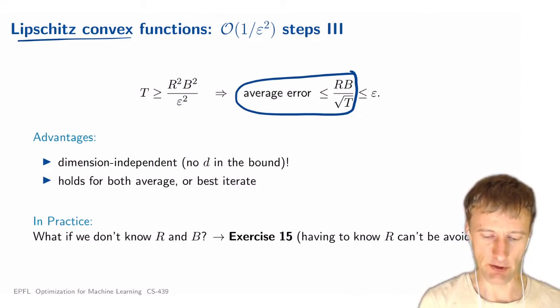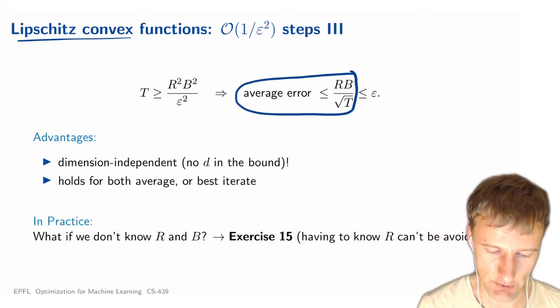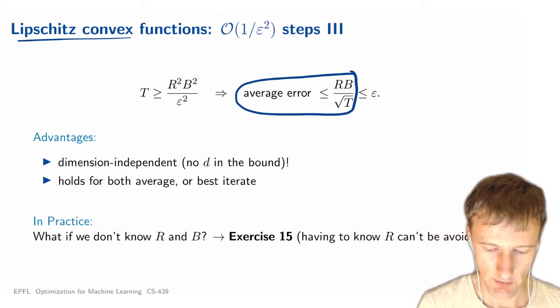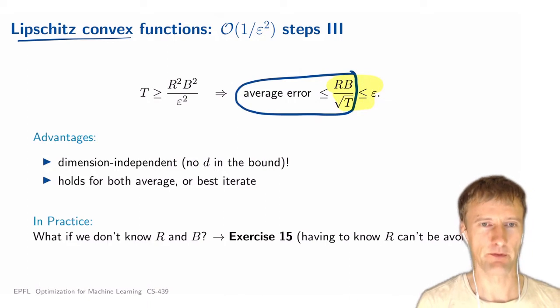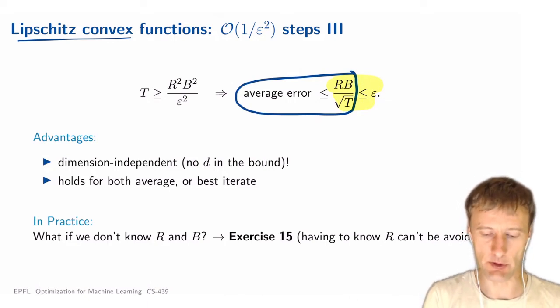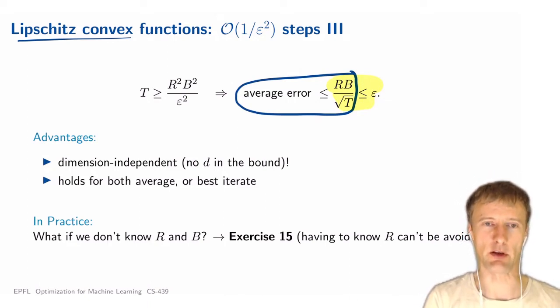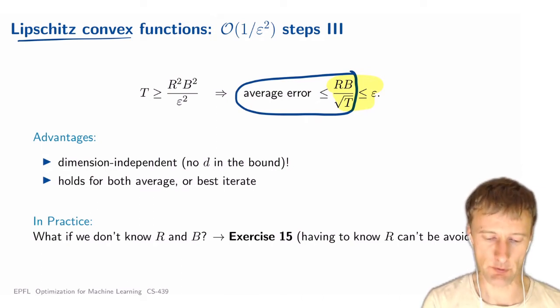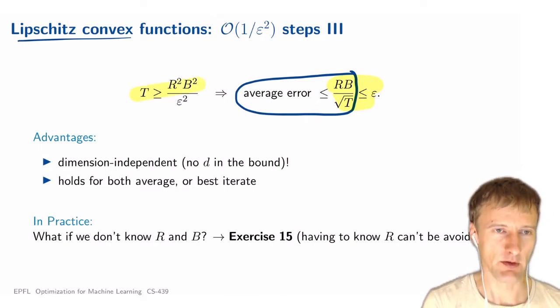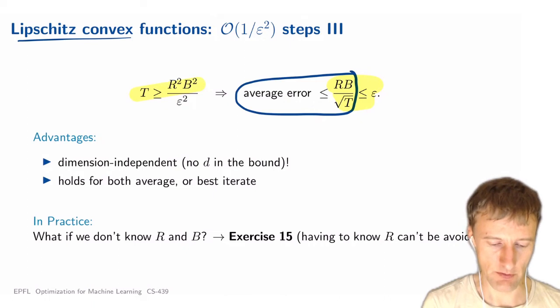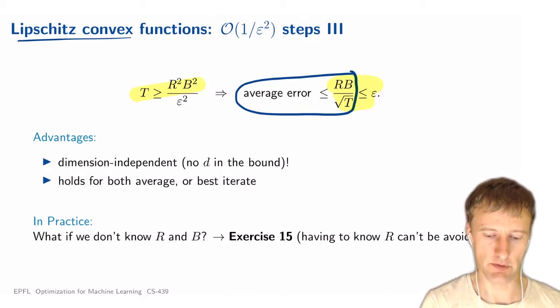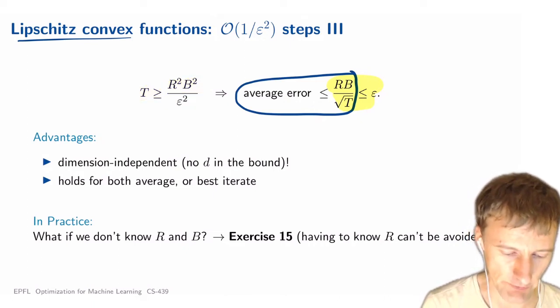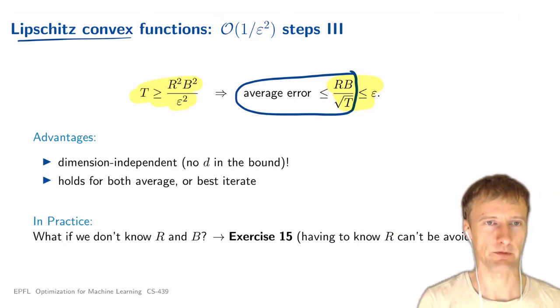And that's also very simple. You say, okay, I just want my error to be smaller than epsilon. And how many t's do I need to bring that value smaller than epsilon? Just solve it for t, and you see that if t is bigger than 1 over epsilon squared, then you get what you want.